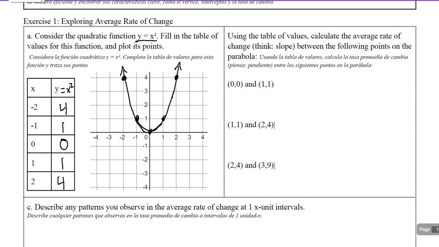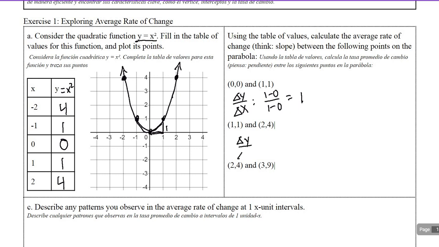All right, we're going to use the table of values, and we'll be calculating the average rate of change between the following points on the parabola, between 0, 0 and 1, 1. We'll be using change in y over change in x. So we'll have 1 minus 0 over 1 minus 0, which is 1. Next, 1, 1 to 2, 4.